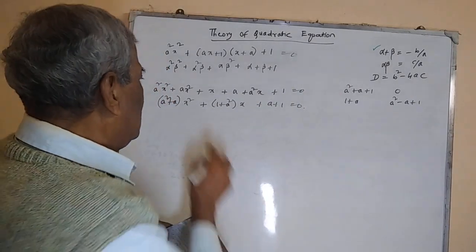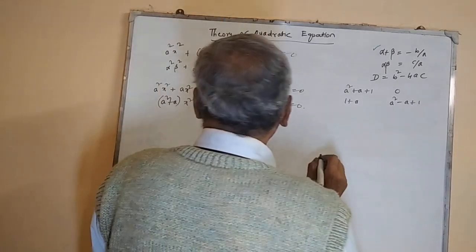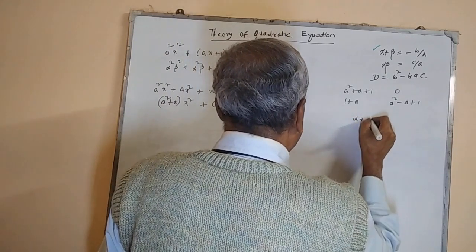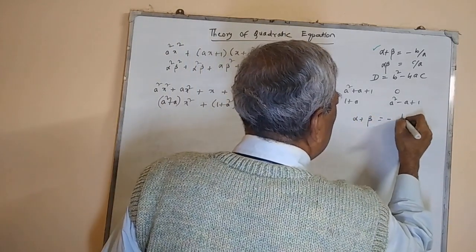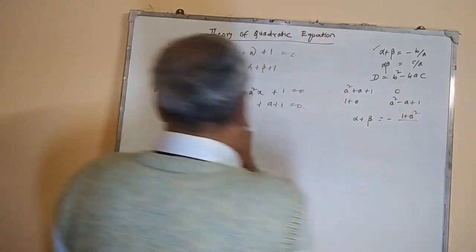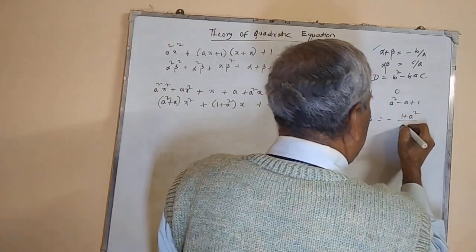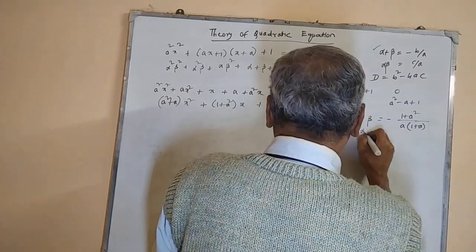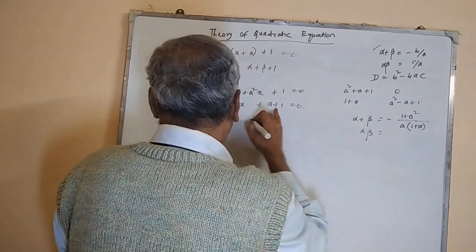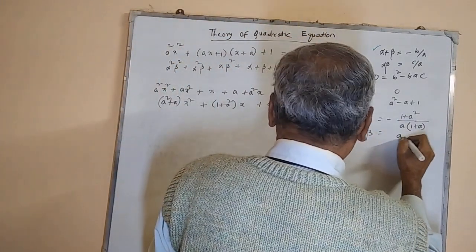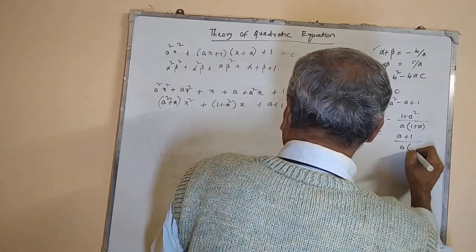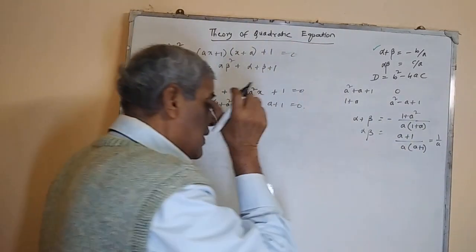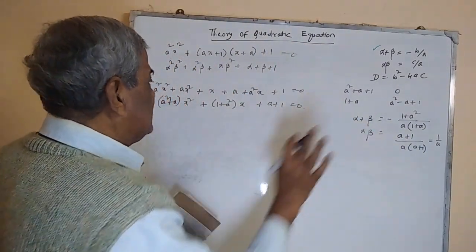So obviously it has two roots, alpha and beta. So we get alpha plus beta is equal to minus b by a, that is minus (1 plus a square) by a into (1 plus a), and alpha beta is equal to c by a, that is (a plus 1) by a into (a plus 1), which is 1 by a.